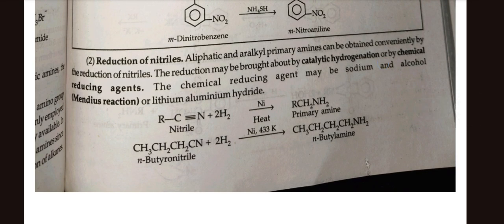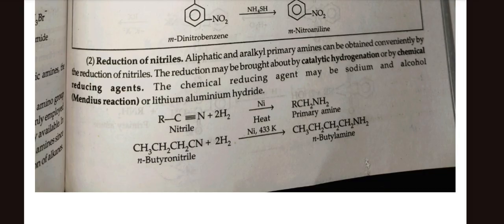Second, reduction of nitriles. Aliphatic or aryl primary amines can be obtained conveniently by the reduction of nitriles. The reduction may be brought about by catalytic hydrogenation or by chemical reducing agents. The chemical reducing agent may be sodium and alcohol, the Mendius reaction, or lithium aluminium hydride.